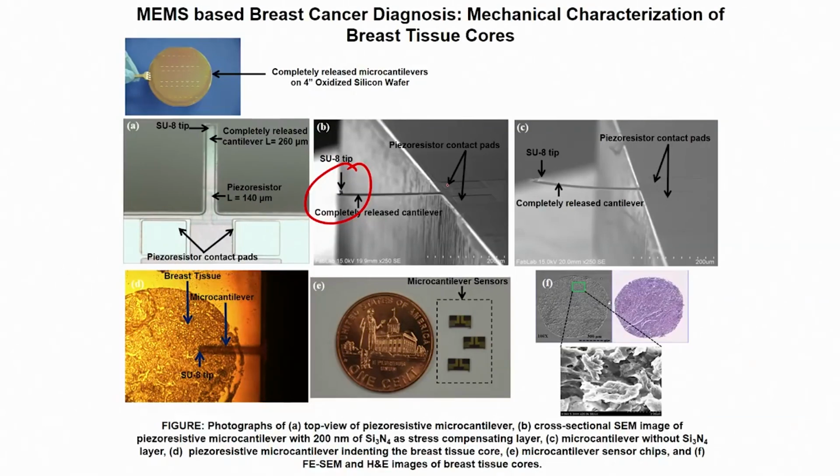The thickness of this cantilever is 2 micrometer. We are talking about a human hair, which is 100 micrometer thick. We are looking at a cantilever which is about 2 micrometer.